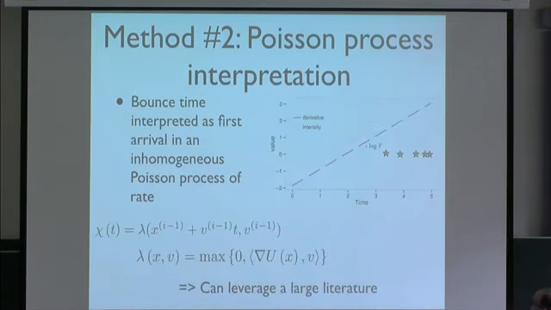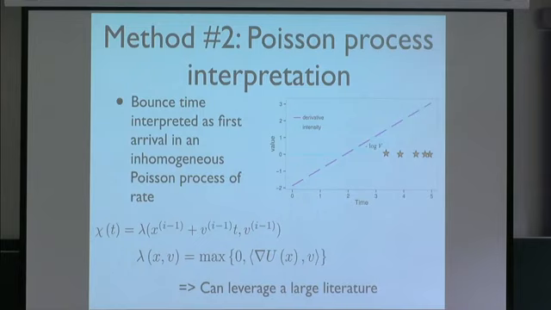And in this case, the bounce time, which I had in the previous slide, can actually be interpreted as the first arrival in an inhomogeneous Poisson process with the rate given by basically what was inside this integral that I had earlier.